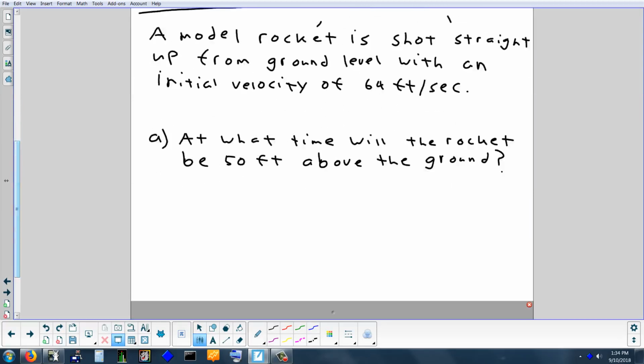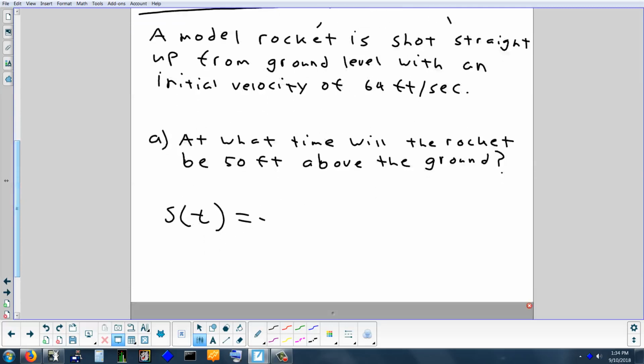Okay, so let's set up our equation. Our height as a function of time is negative 16 t squared plus v sub 0 t. What's my initial velocity? Brandon? Yep, very good.